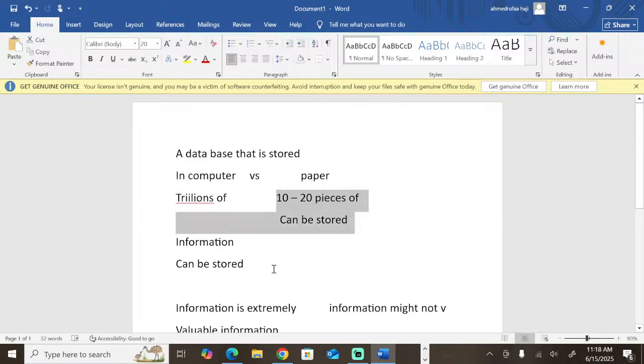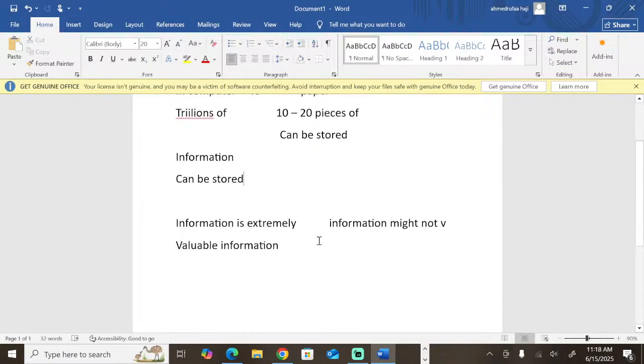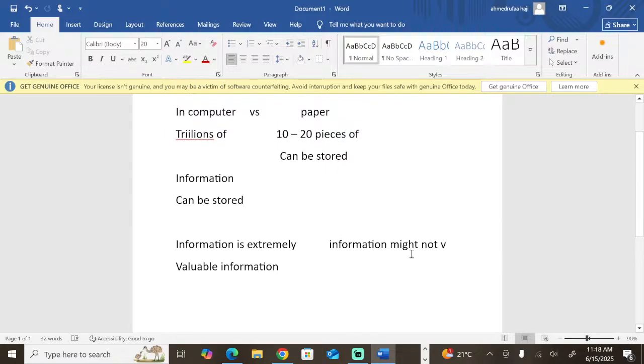information, all right? And the other one, we said extremely valuable information, such as SSN or bank details, can be stored on a computer, while on a paper, information might not be valuable. It may contain, for example, a list. Those are not valuable information, all right?